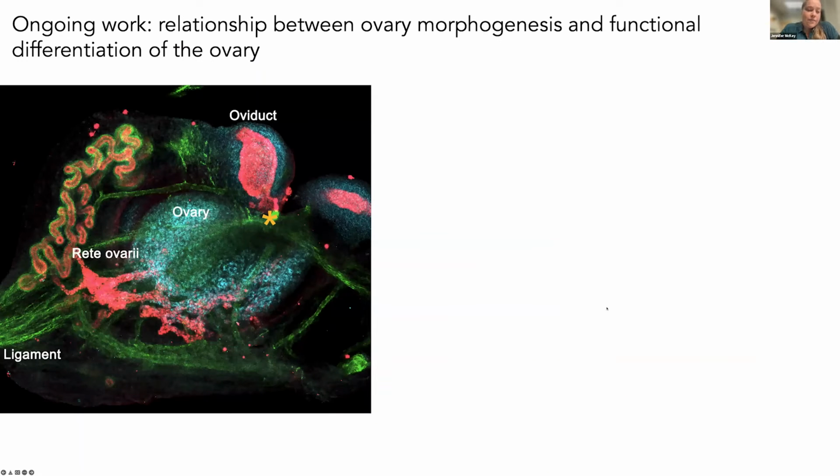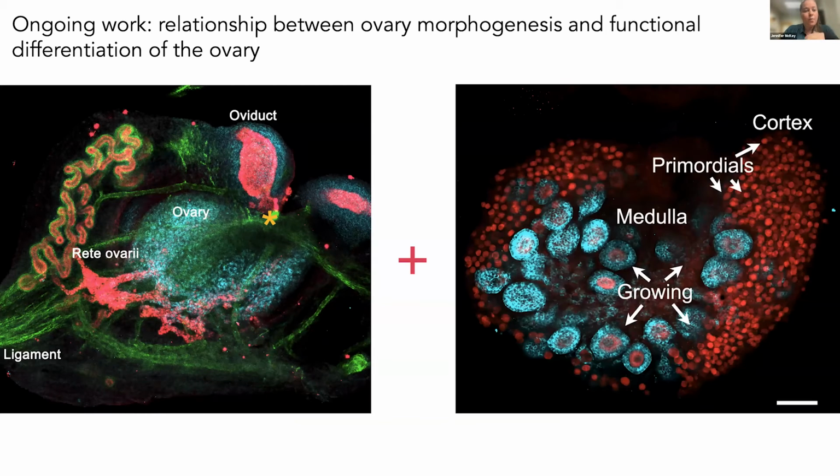So having defined these hallmarks of ovary morphogenesis and their relationship to the development of tissues associated with the ovary, I'm now really looking forward to moving forward with this project and to integrate these processes of ovary morphogenesis with the events of ovary folliculogenesis and functional differentiation of the ovary.